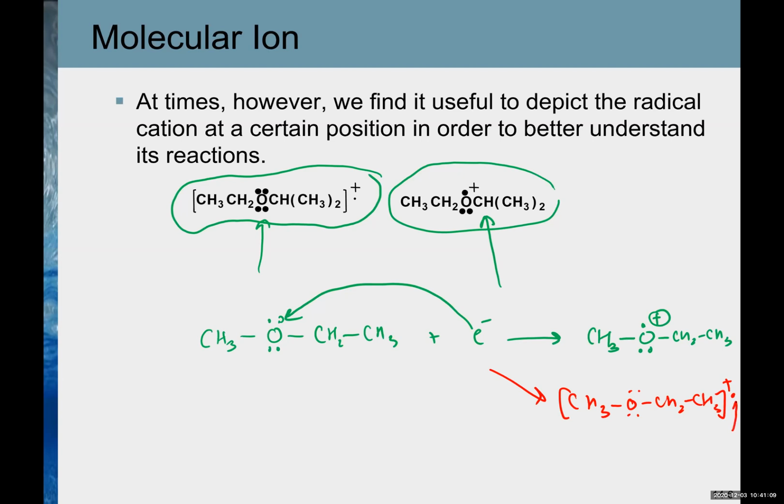You are putting the charge outside here, and that means that one of the electrons got removed, but we don't know which one. Oh, okay. So that's why we write the exact structure within the brackets. The top one is showing which electron got removed.